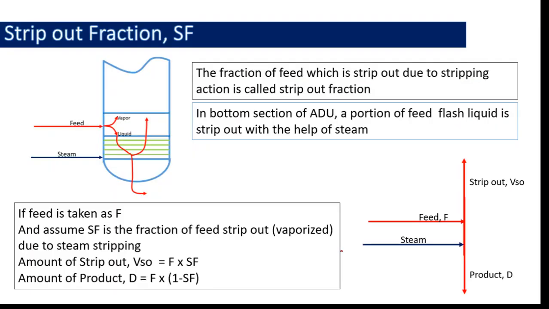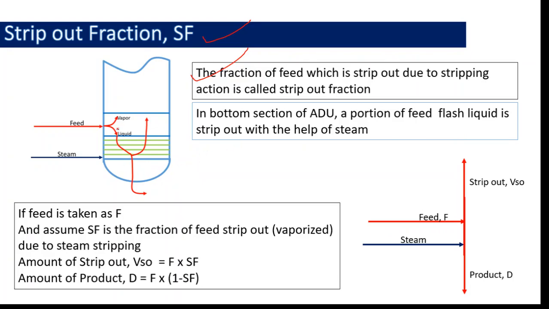Before going to the calculations, let us take one very simple concept, the stripped out fraction, that is SF. What is a strip out fraction? The fraction of a feed which is stripped out due to the stripping action is called the strip out fraction. For example, in the bottom section of the atmospheric distillation column, a portion of the feed flash liquid is stripped out.